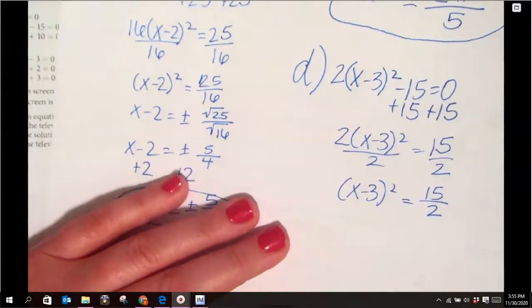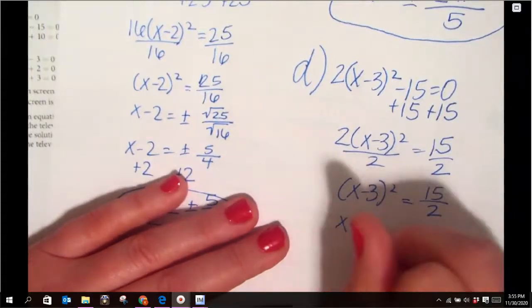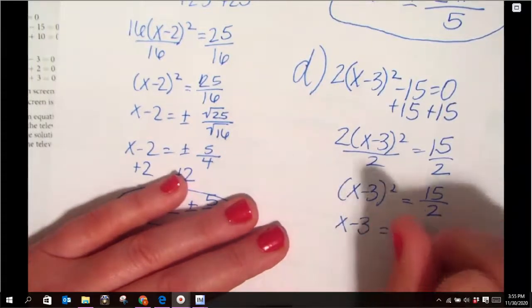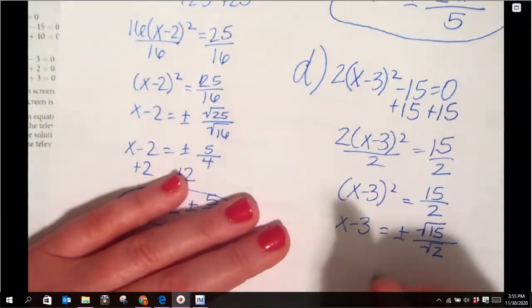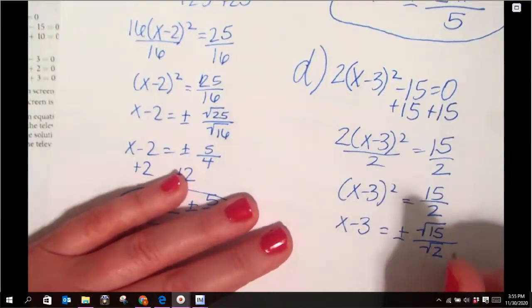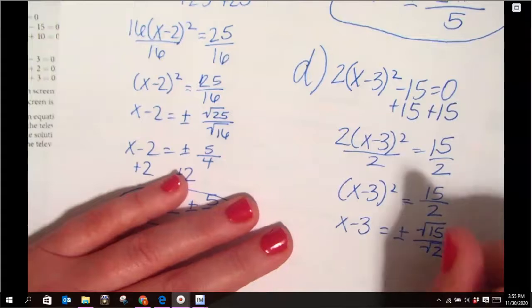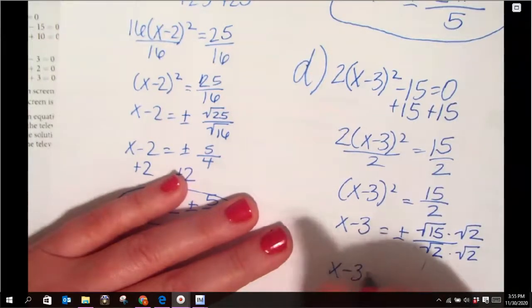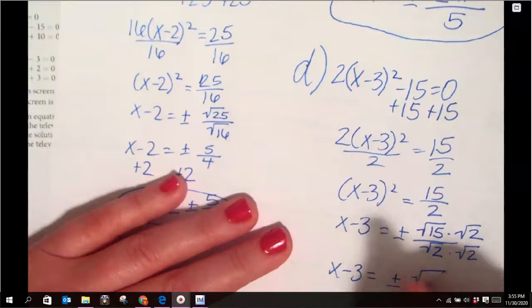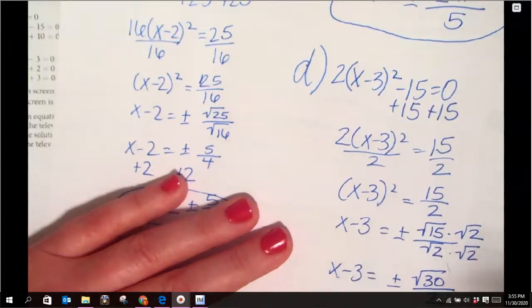Then I'm going to take the square root. X minus 3 equals plus or minus the square root of 15 divided by the square root of 2. I cannot leave 2 on the bottom, so I'm going to multiply by the square root of 2. X minus 3 equals plus or minus the square root of 30 over 2.